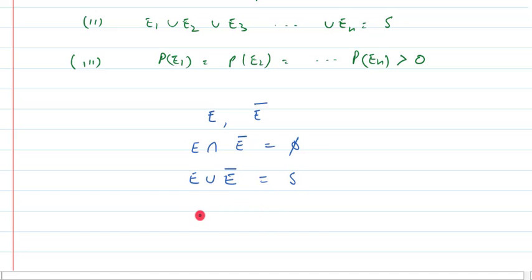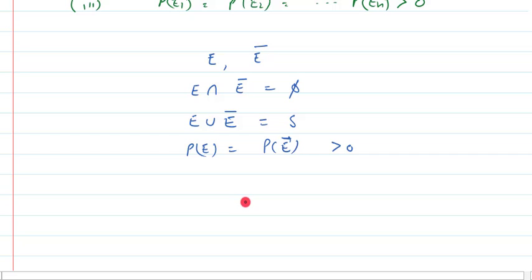And the third condition, we know that P(E) and P(E naught) are non-zero, or you can say greater than 0. So therefore, as these two satisfy these conditions, these are said to represent partition of a sample space.